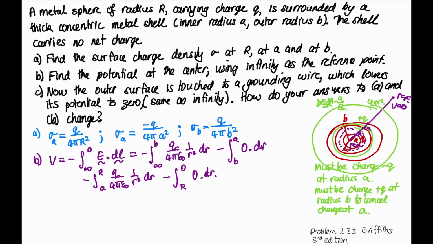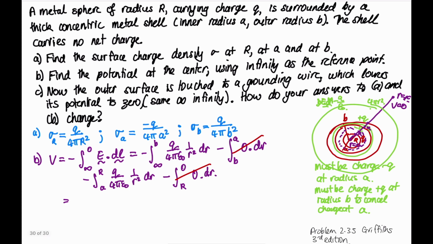Okay, so two parts of this integral are going to be 0 because we're just integrating over 0. So let's do the rest of this integral. With this first term, we can pull q over 4 pi out the front, negative, and then we're integrating 1 on r squared.